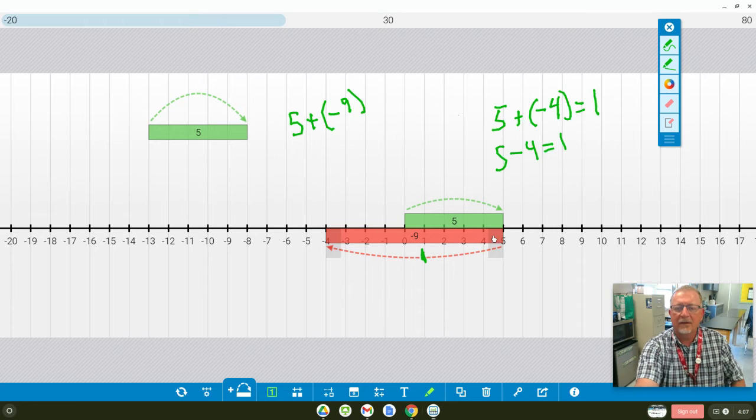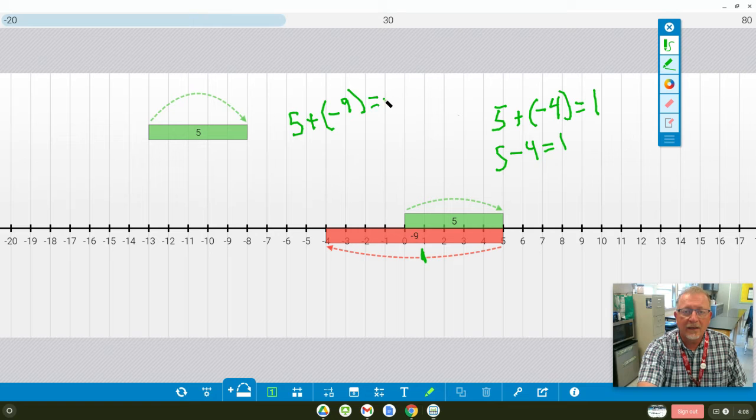And look what happened. We went back past 0. We went back the 5 that we had, and now we're going back another 4 after that. So we're ending up at negative 4. So we went 5, and then we went backward 9, or we went to the negative 9.